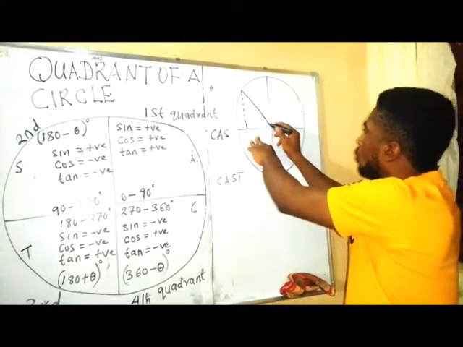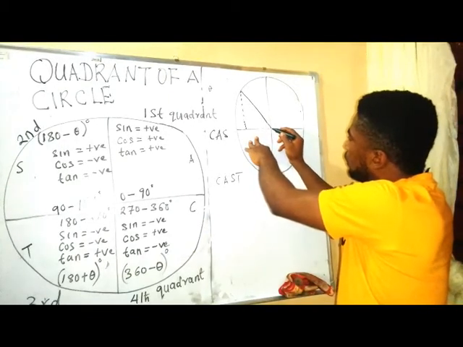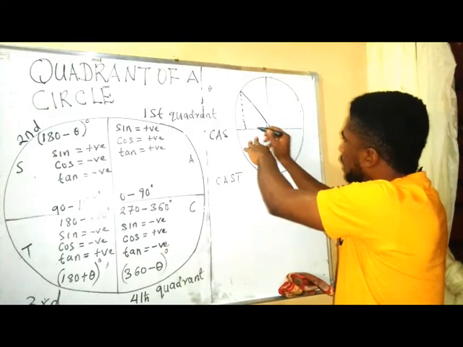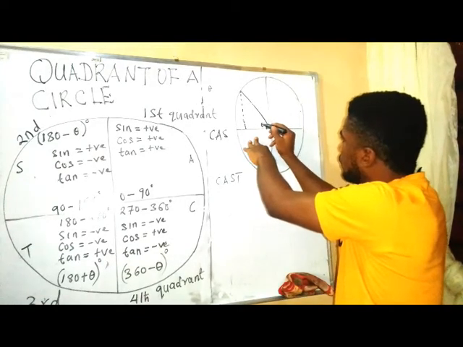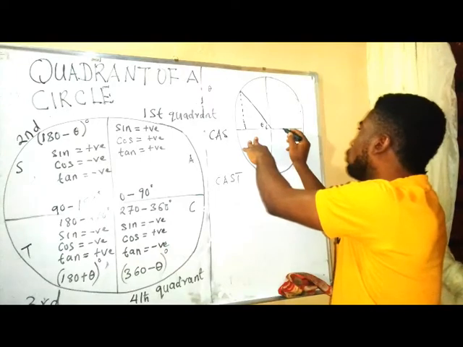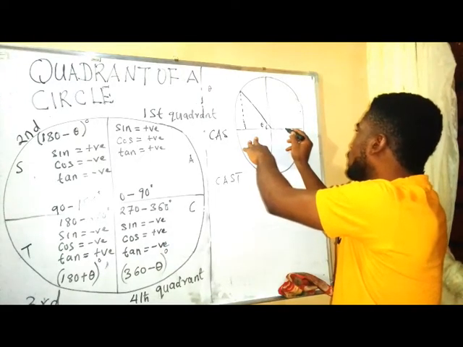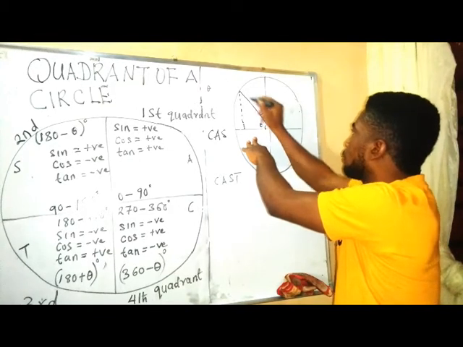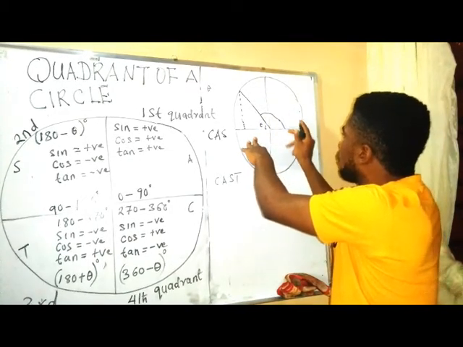Now I want to call this my angle, the angle between this, my diagonal, and this x-axis. Let me call it what? Theta. I want to get the angle from this x-axis till it touches this line I draw.